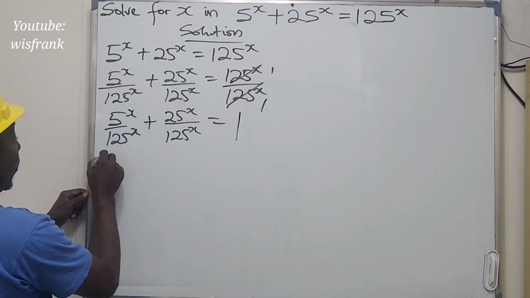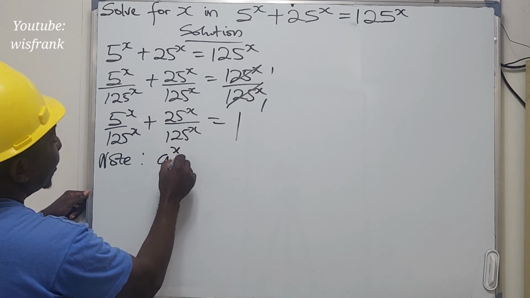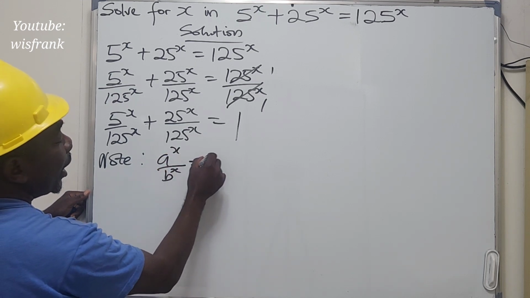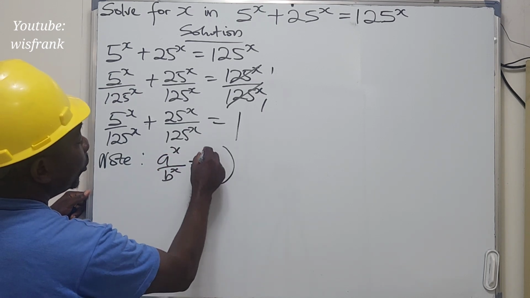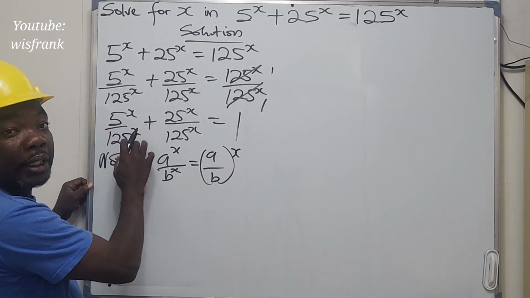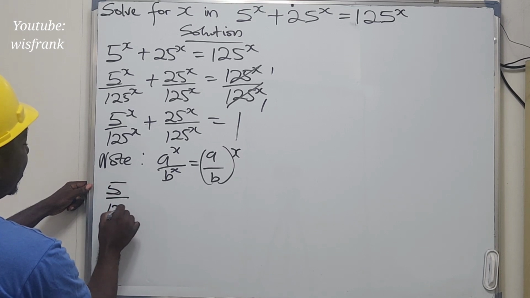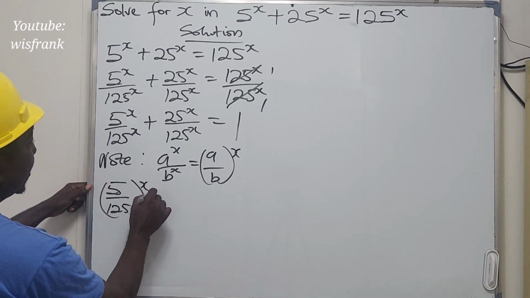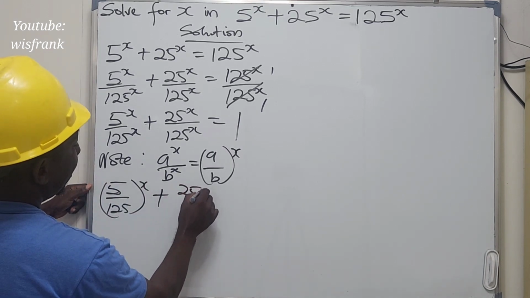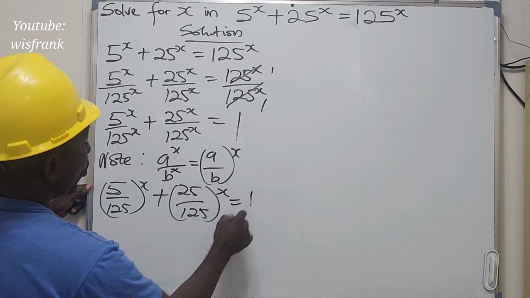Here we can recall that when we have a to the power of x all over b to the power of x, it is the same thing as a all over b, all to the power of x. So in this case, we can represent this in this format. So this will become 5 all over 125 all to the power of x plus 25 all over 125 all to the power of x equals 1.